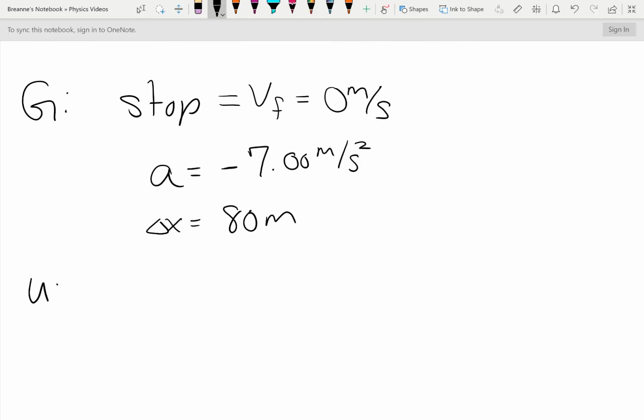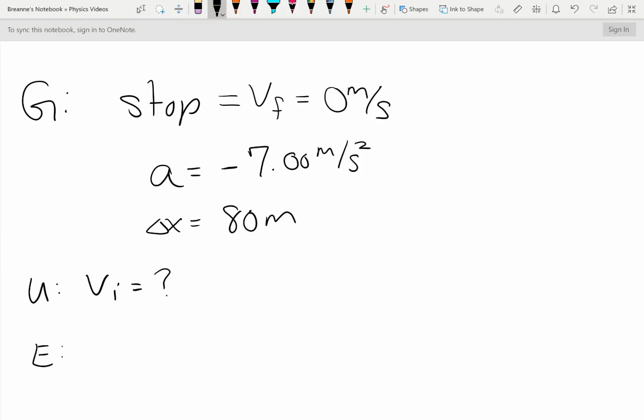So let's do our unknown. What are we looking for? We're looking for initial velocity, because it says estimate the velocity of the car just before braking. If we look at our equations, scroll up to the top of your review, and look for your equations.